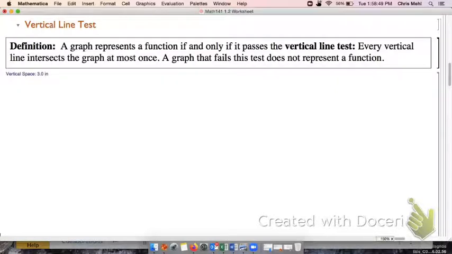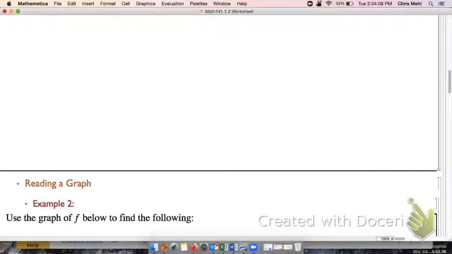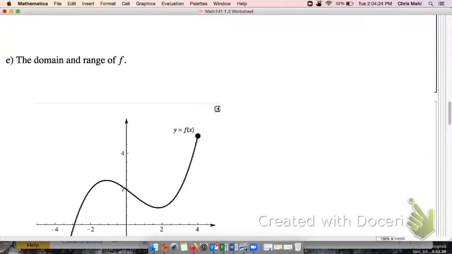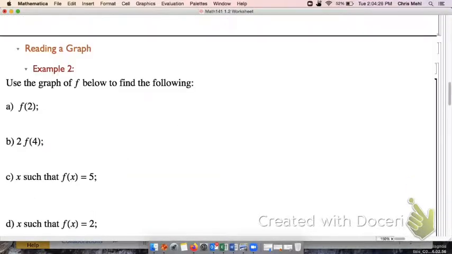So next. Okay, what we're going to do now is learn how to read a graph, find the domain and range from a graph, compute function values, and we're also going to find inputs from outputs. Okay, so I've got this graph on the bottom.